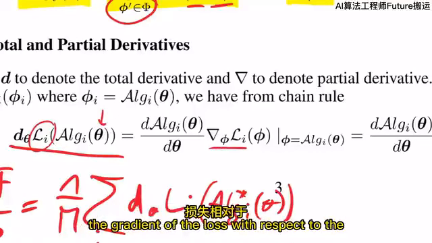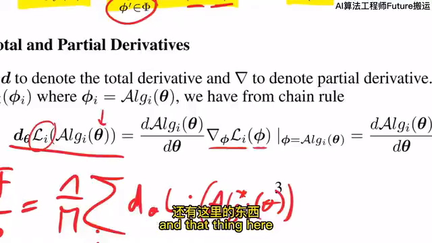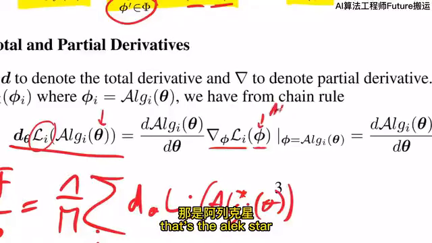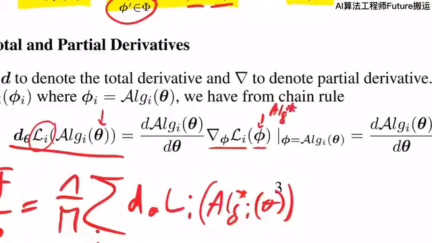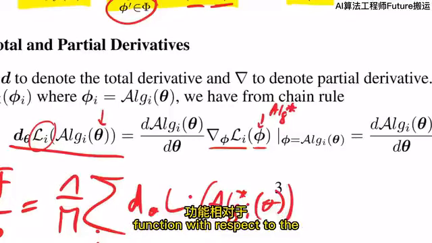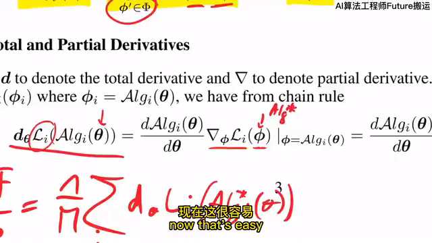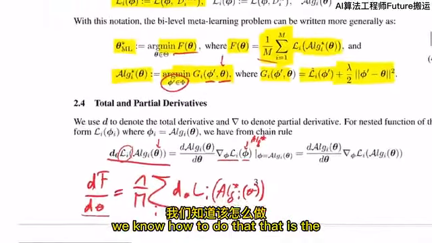That's this part right here: the gradient of the loss with respect to the neural network, and that thing here, that's the alg star. So we need the gradient of the loss function with respect to the end parameters of the optimization procedure. Now that's easy. We know how to do that.